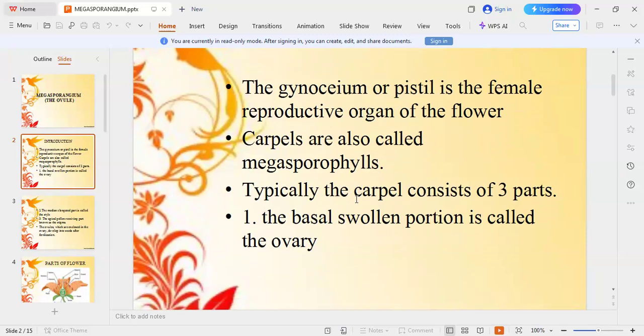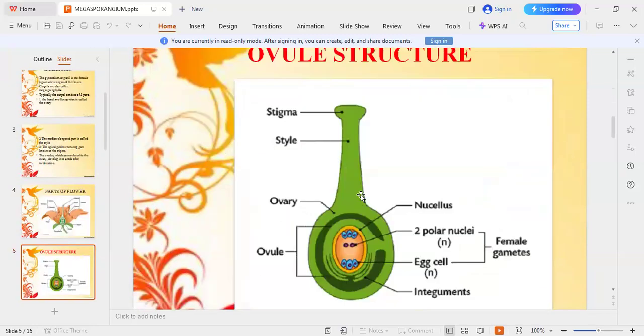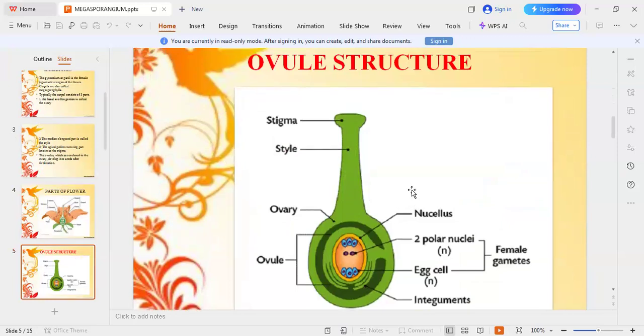Generally, this is the ovule structure. The gynoecium or pistil is the female reproductive organ of the flower, composed of 1 or more carpels. The carpels are modified leaves which bear the ovules.